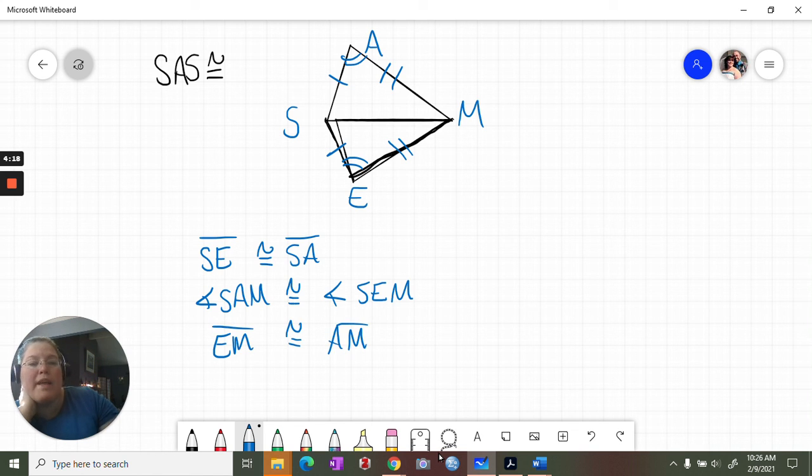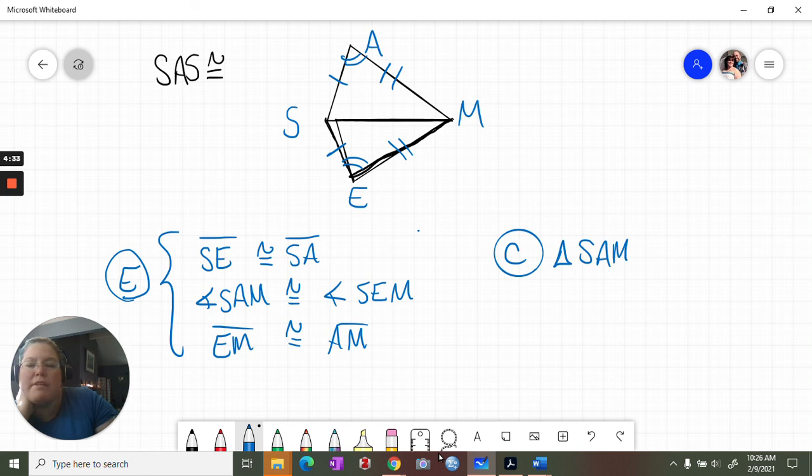In this setup, we have side, angle, side congruence. So again, here's my evidence. Here's my claim. All right. Triangle SAM is congruent to triangle SEM. And my reason, by side-angle-side congruence.